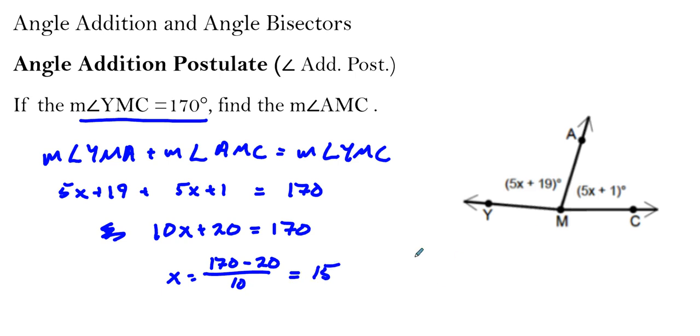And now we say, all right, I want the measure of angle AMC. So we're going to do 5 times 15 plus 1, which is 76. And we got that because I know that YMA plus AMC, adjacent angles, add together, in this case, to 170.